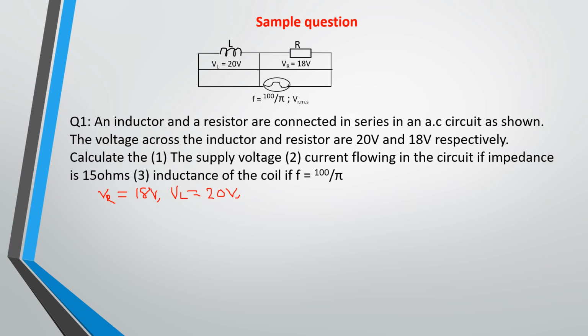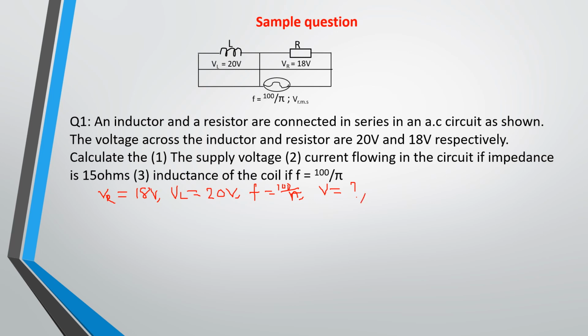You are also given the frequency to be equal to 100 over pi, and you are asked to find, first, the supply voltage.